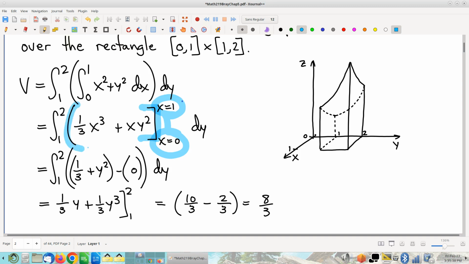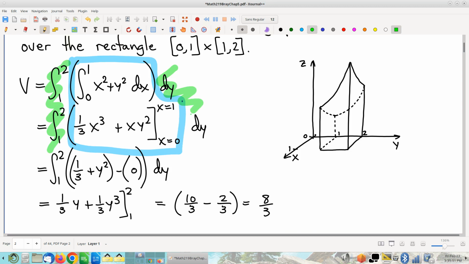How come you have one? Oh, that's just a recognition that what I'm evaluating here is this inside integral. I didn't want any of this to inadvertently get involved, and having parentheses there just makes it more clear. It's I guess not really essential, but I think it's helpful. Yeah. Cool. Good question.